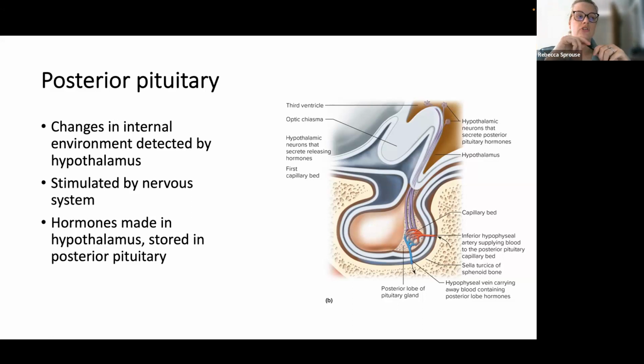This one falls under the nervous system criteria. The posterior pituitary is stimulated by the nervous system by an impulse started in the hypothalamus. So it's still kind of stimulated by the hypothalamus, but not by a hormone released from the hypothalamus. It's stimulated by a nerve impulse from the hypothalamus.